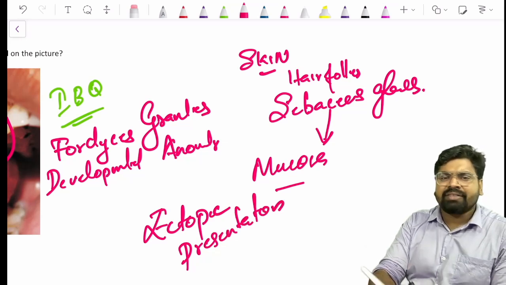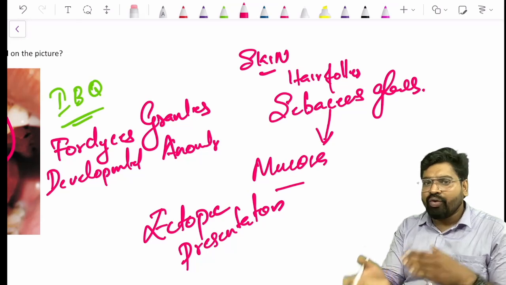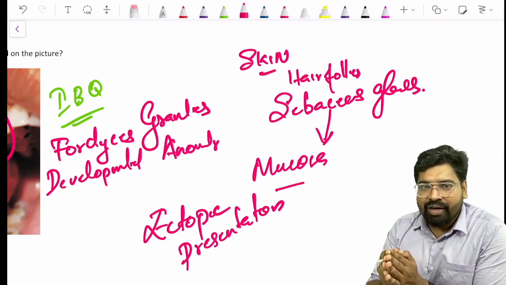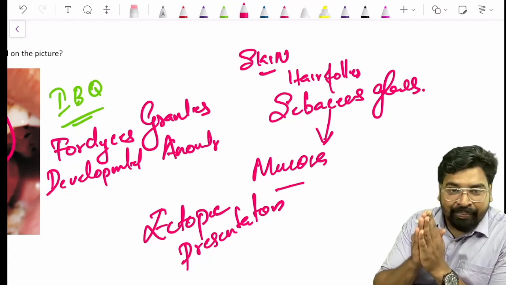The ectopic presentation of sebaceous glands in the oral mucosa is called Fordyce's granules.